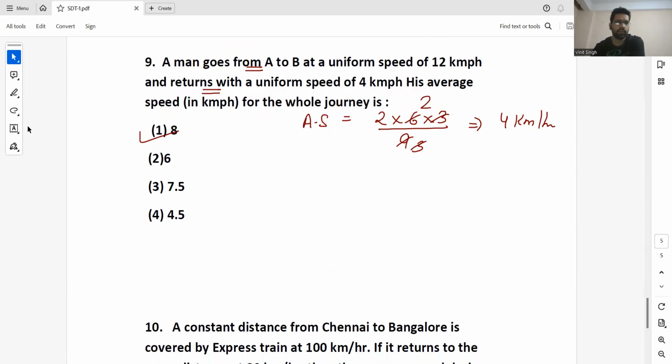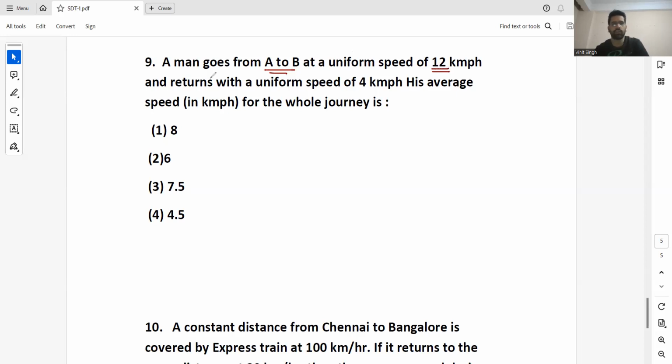Now, a man goes from A to B with a speed of 12 km per hour and returns with a uniform speed of 4 km per hour. His average speed for the whole journey is. Now, a man moved from A to B with a speed of 12 km per hour and returns with a speed of 4 km per hour, and we have to find what will be his average speed.